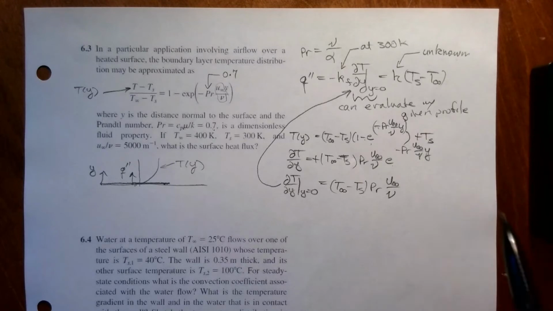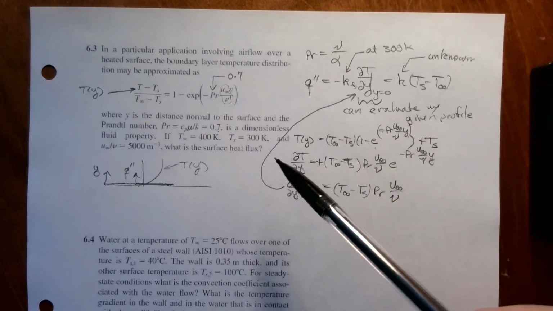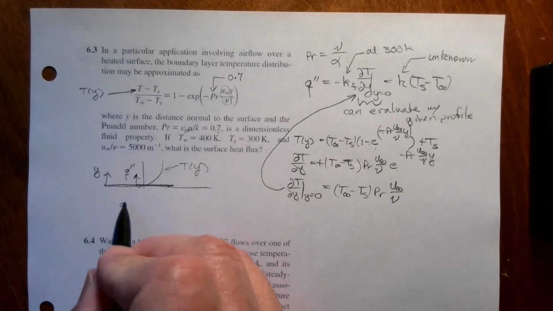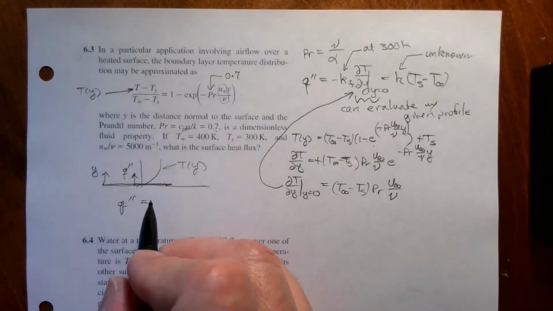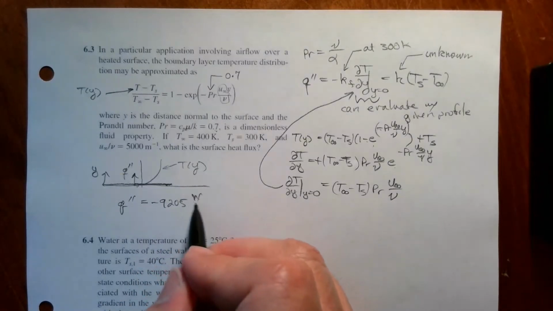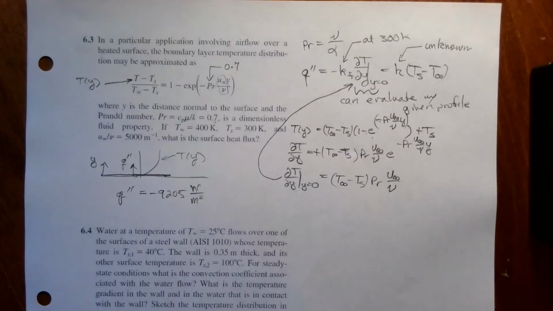Okay, so you can use that to evaluate the flux. The final answer for the flux, Q double prime, I think is probably on your assignment sheet: minus 9205 watts per meter squared. It's negative because it's actually heating the plate in this case.